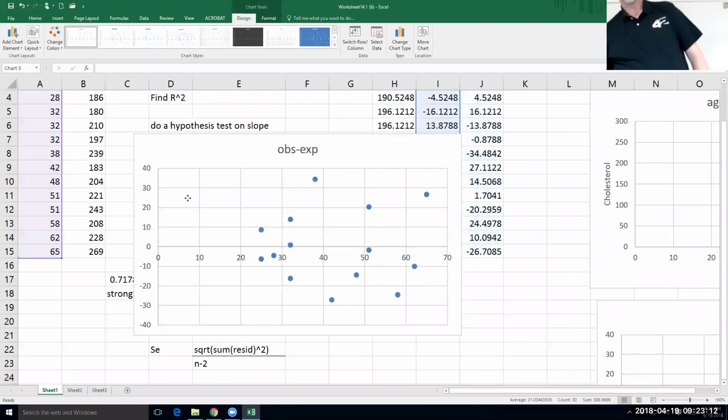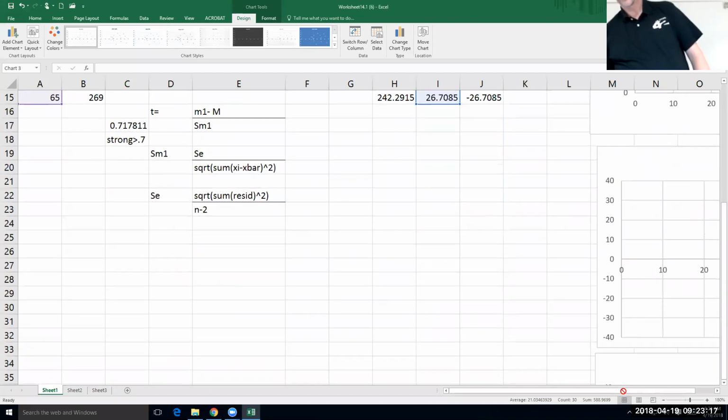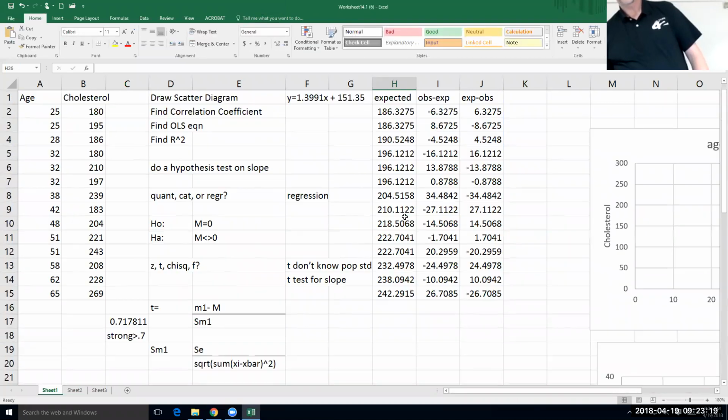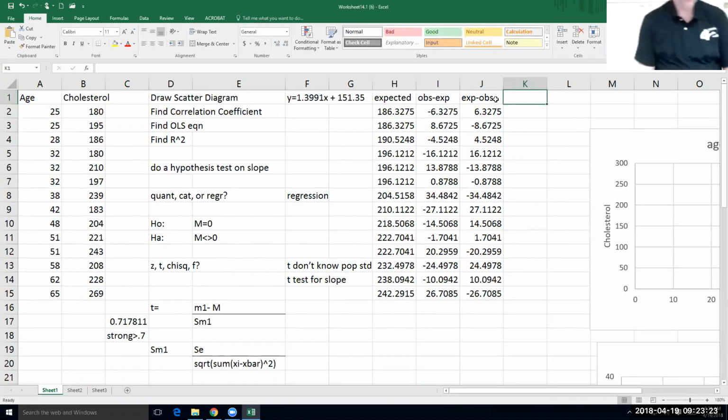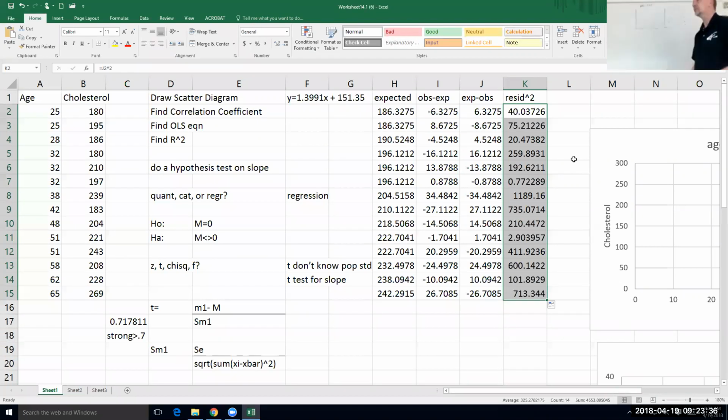So now, let's move this down here. We're going back to our problem after that digression. Okay, so now we need to square it with the residual squared. It really doesn't matter which column I pick because the negatives are going to go away. Now what? Find the sum.